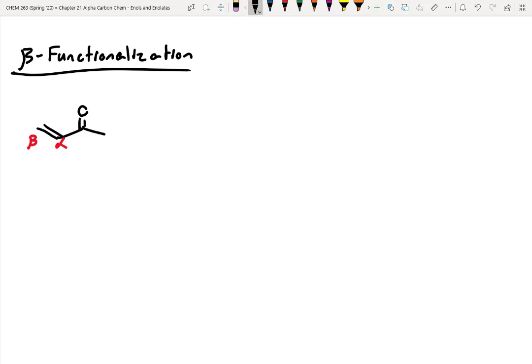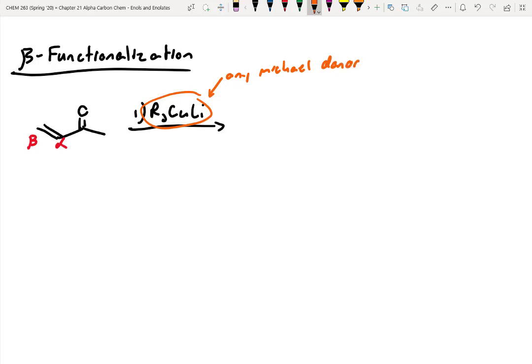And in order to do that, what we need is some sort of Michael donor in step 1. And so an example of a Michael donor could be something like a lithium dialkyl cuprate, but any Michael donor will work. So for example, it could be an enamine, or it could be a highly resonant stabilized enolate.